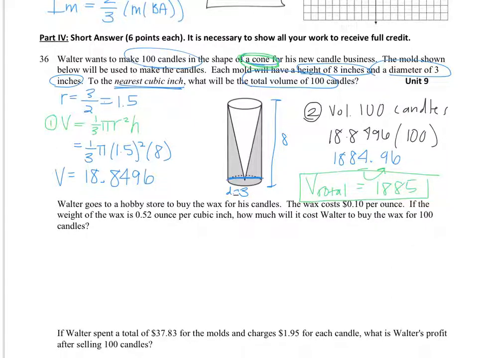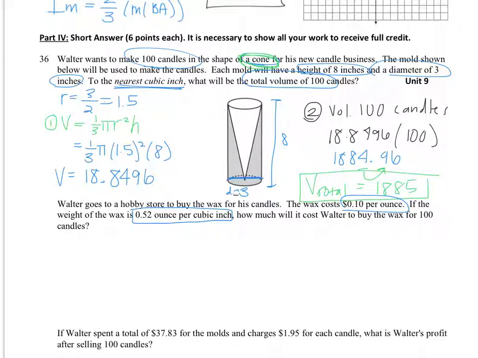Alright, second part here says, Walter goes to a hobby store to buy wax for his candles. The wax costs 10 cents per ounce. If the weight of wax is 0.52 ounces per cubic inch, how much will it cost Walter to buy the wax for 100 candles?